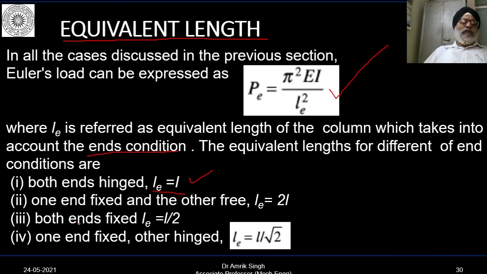Similarly, when both ends are fixed, LE is equal to L by 2. You can put the value in the Euler equation and you will get the same thing. And when one end is fixed and other is hinged, LE is equal to L upon root 2.